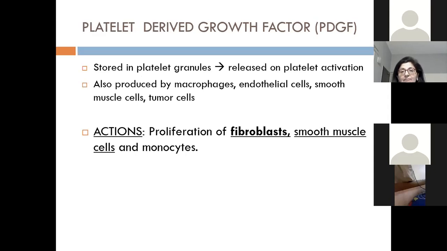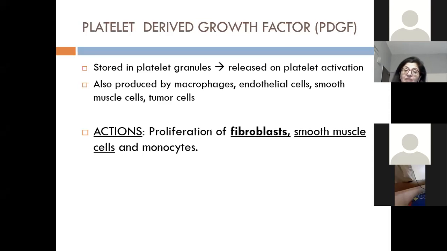Platelet-derived growth factor, PDGF, as the name indicates, is derived from platelets, but also produced by macrophages, endothelial cells, smooth muscle cells, and tumor cells. And the action of this is mainly on the fibroblasts. So what is the function of fibroblasts? They are one of the cells of the extracellular matrix, and they produce all the fibers and collagen in the extracellular matrix.